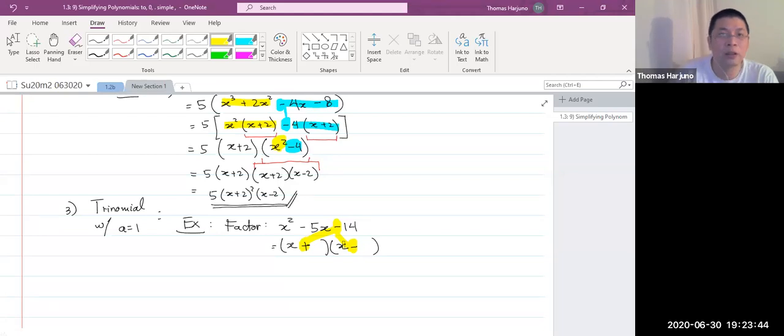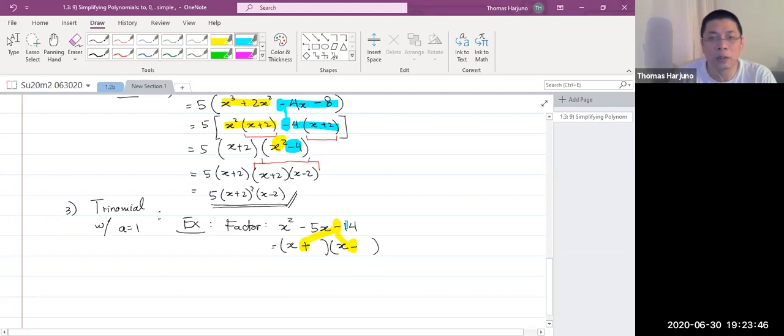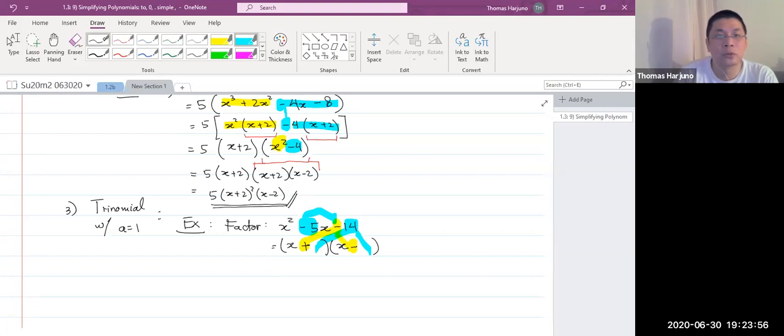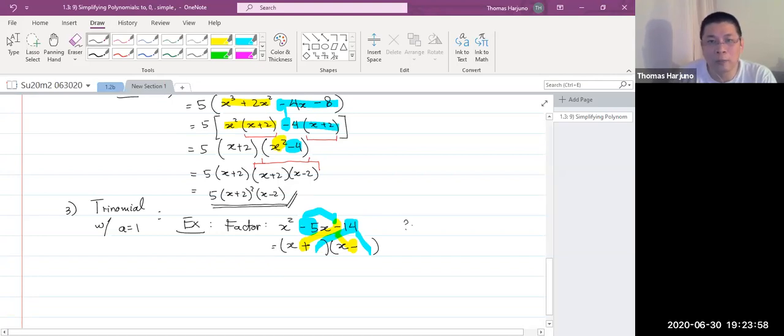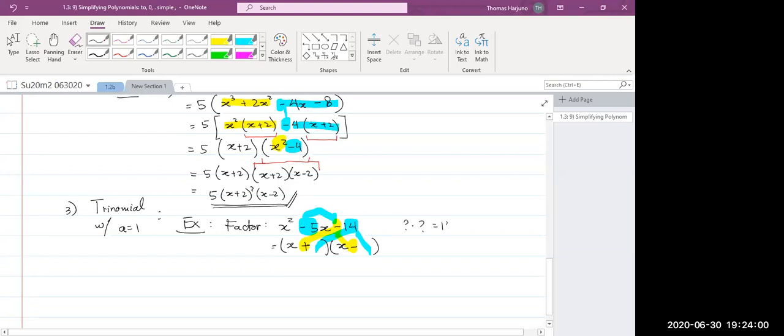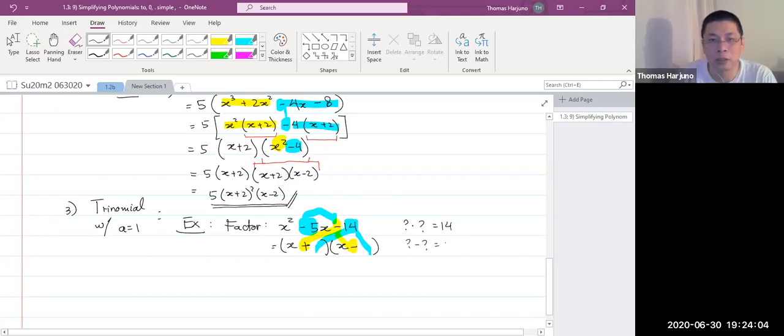Now think about what number times what number gives you 14, but the difference is negative 5. What times what is 14? 7 and 2. But the difference is 5. That's right, that's 7 and 2. But because I need negative 5, then the larger number will be on the negative side.